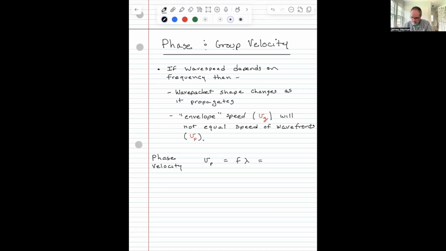Or writing f as omega over 2 pi and writing lambda as 2 pi over k, you can see that the phase velocity can also be written as omega divided by k. Okay? It means the same thing, but physicists like omega and k. So that's the phase velocity. It's what we've always called the velocity of a wave. The group velocity is something different.